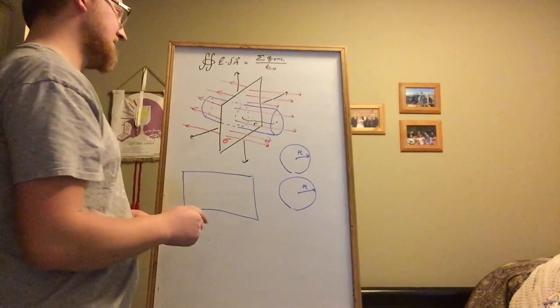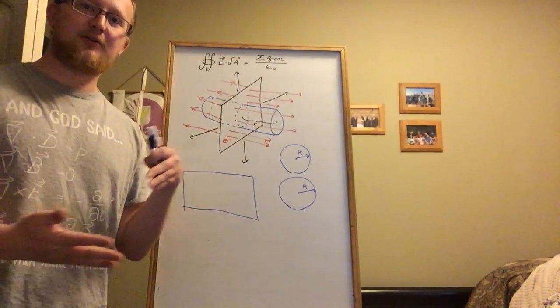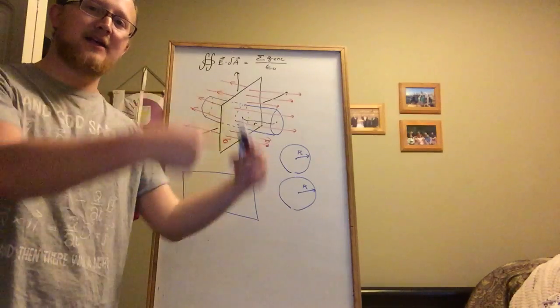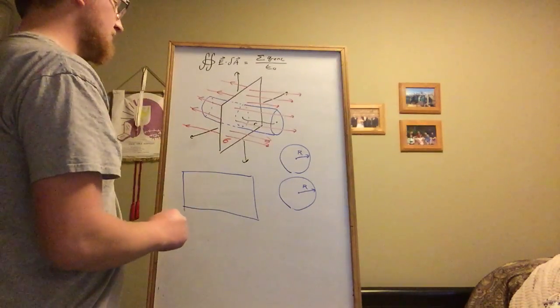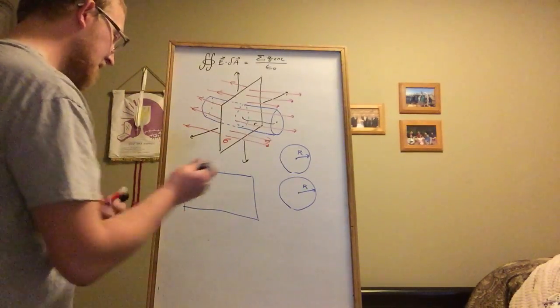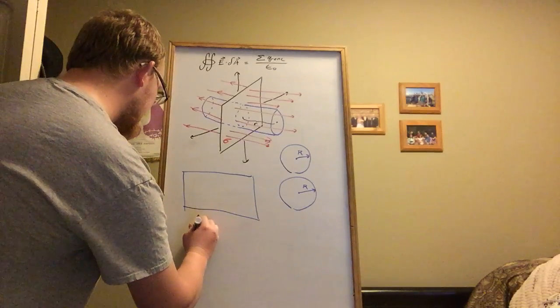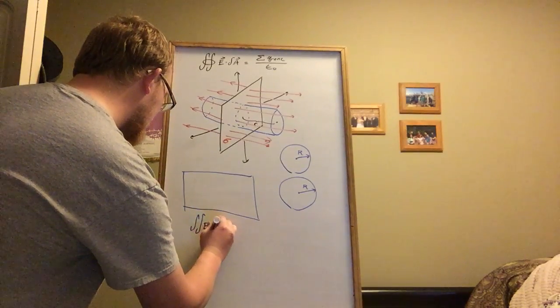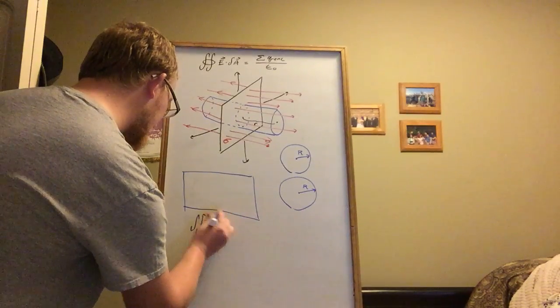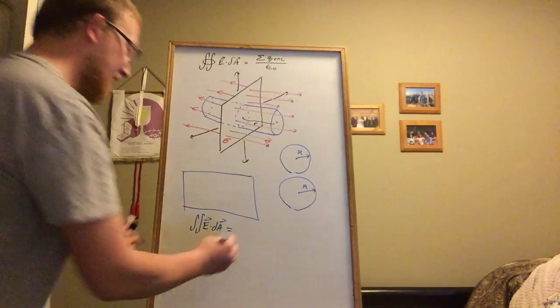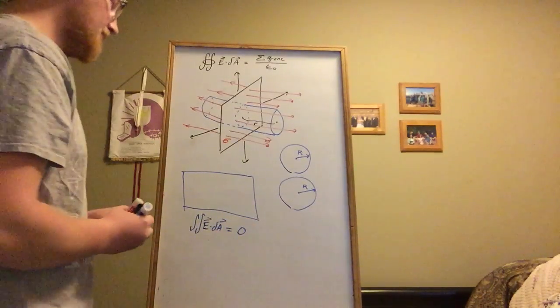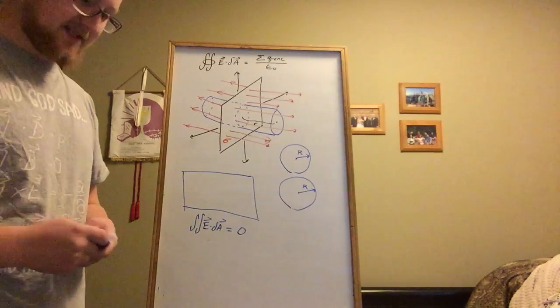What that means is that there are no E field lines actually going into or out of that edge of the cylinder, which means that the flux, in other words the E dot dA of this section, is going to be 0. So now all that's left is the end caps.